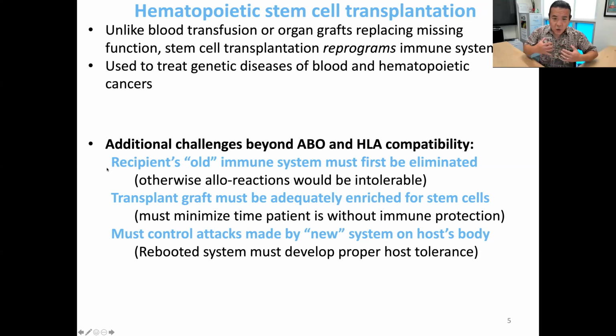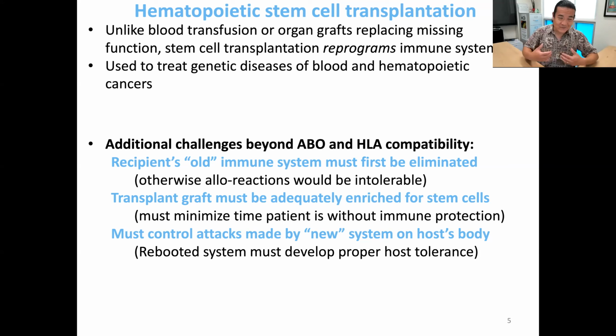The recipient's old immune system first has to be eliminated, right? If the immune system itself is the cause of all the problems, you need to delete the corrupt immune system in order to replace it with a good copy.